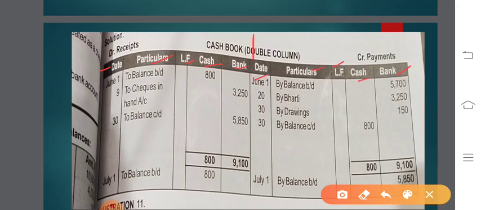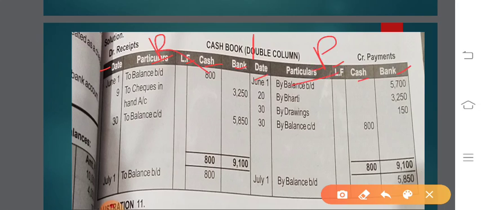Now in case of particulars, you can even write receipt on the debit side and payment on the credit side, so that you can remember that the debit side will record all the receipts and the credit side will record all the payments of cash or bank.